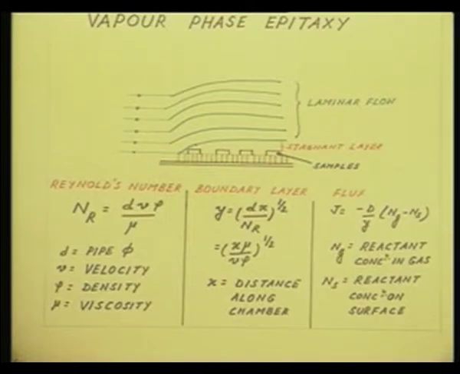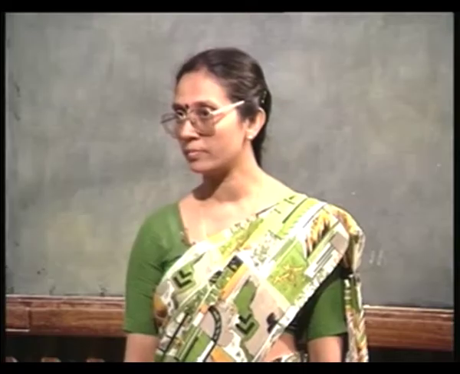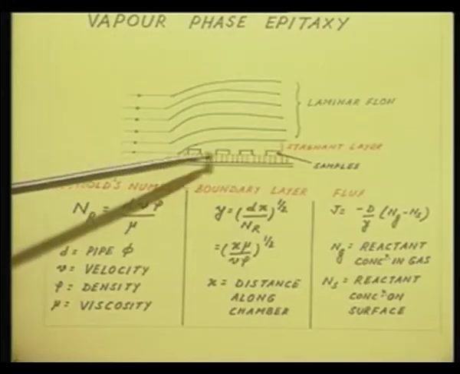So, you can straightaway see that the width of the stagnant layer is going to increase as we move along the pipe, which I think should be obvious from the figure also here.